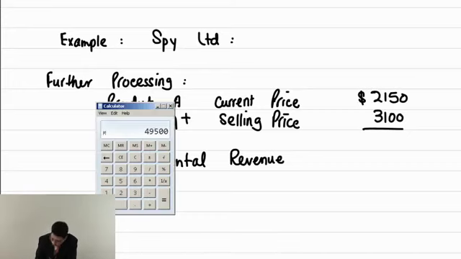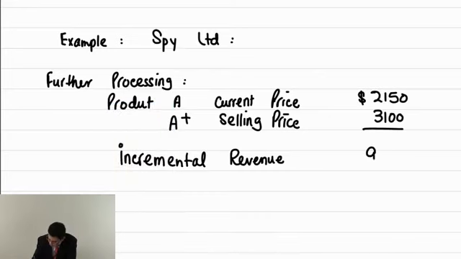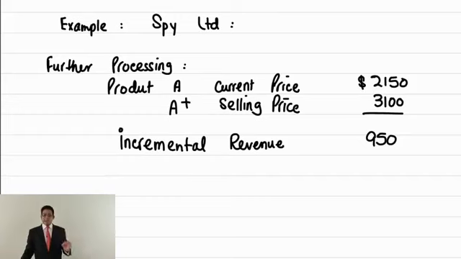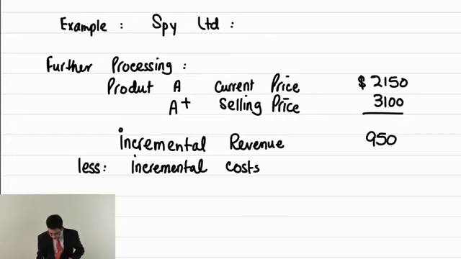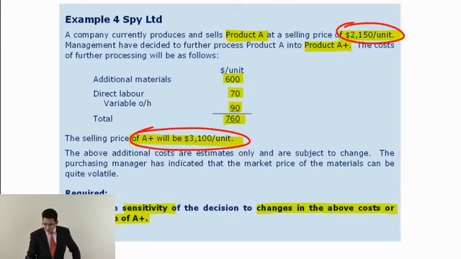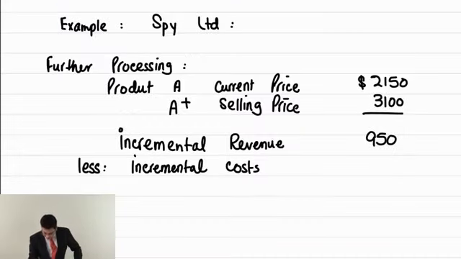Okay, which is 3,100 minus 2,150, which is 950. That's the incremental revenue if we convert A to A plus, but this is subject to additional costs. So let's deduct the incremental or additional costs, which are 670 and 90.